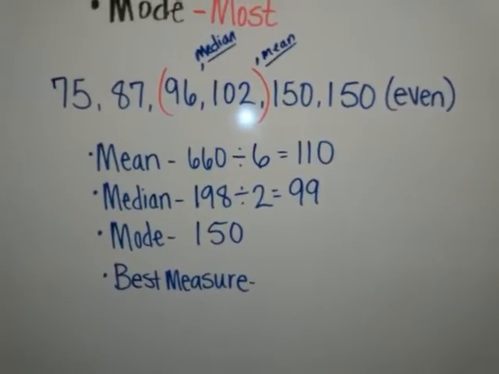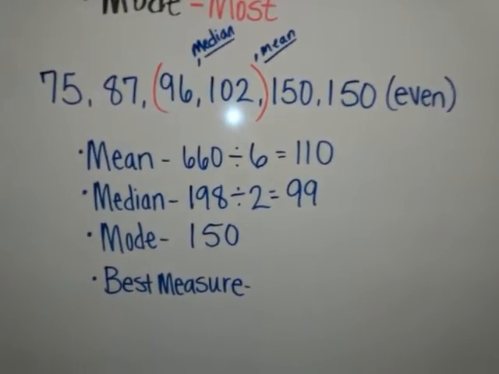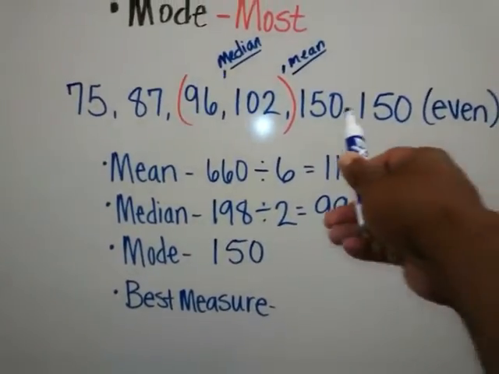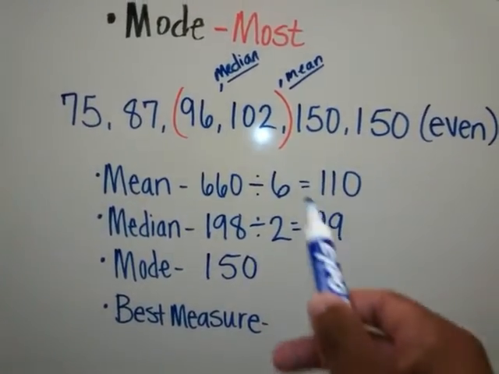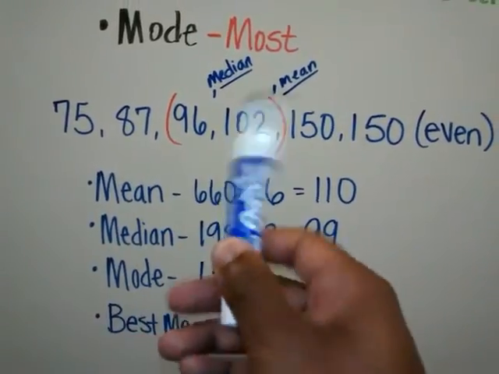Again, whenever you're determining the best measure, use some reasoning. One reasoning, is there an outlier? If there's an outlier, like we do have in this problem, these two 150s, it's going to skew the mean of 110. It's going to bring it up because it's much greater than the rest of the values over here.